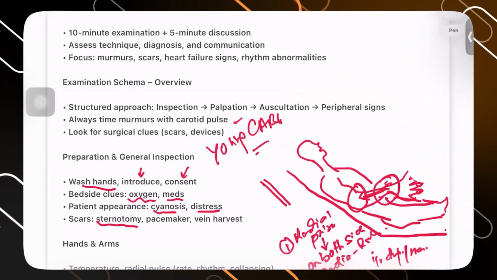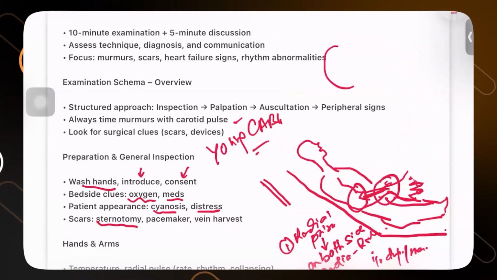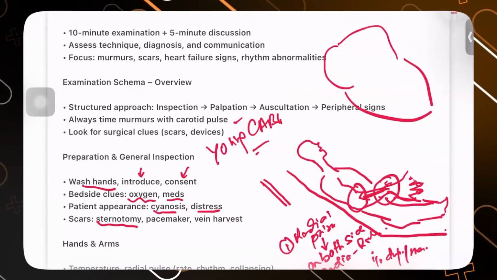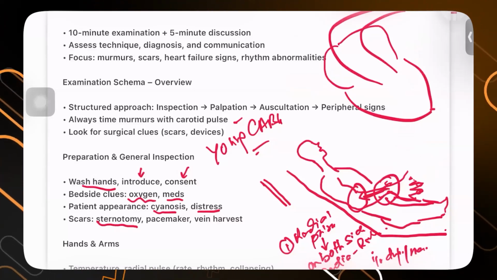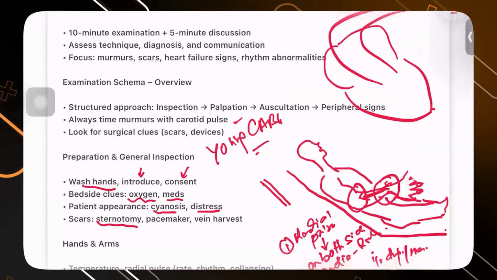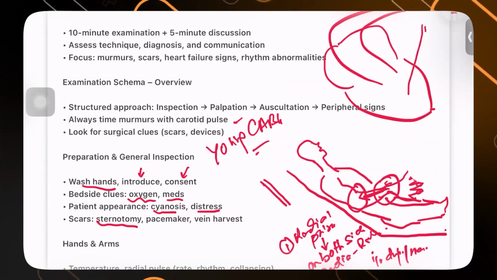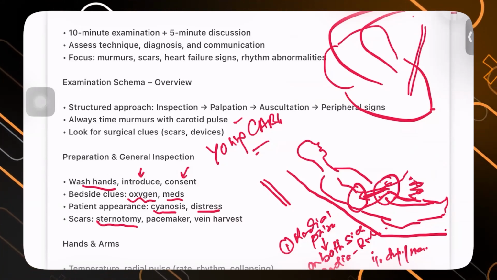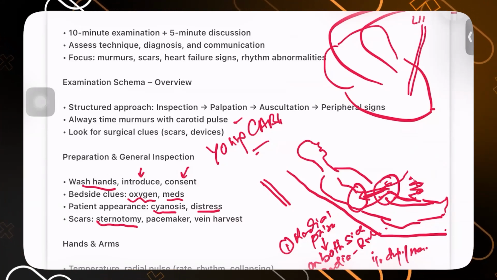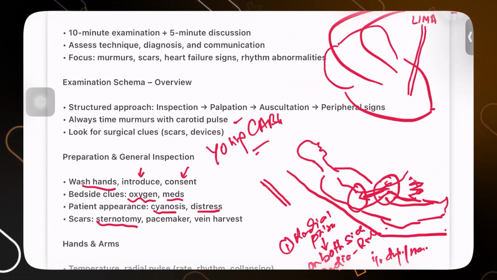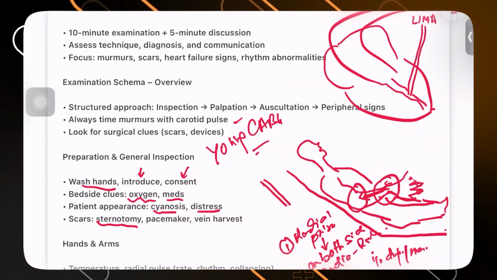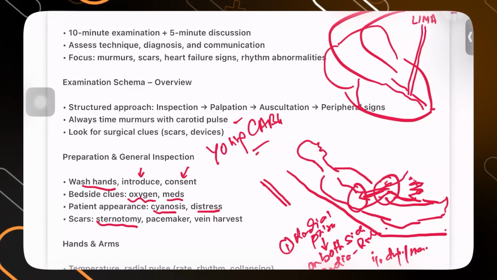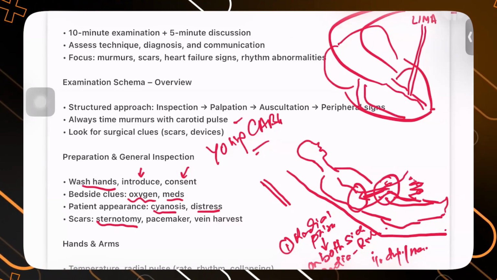CABG, I will just draw a diagram for your convenience. So this is heart, this is aorta. When they put in new coronaries, the LIMA to LAD graft is taken. LIMA is left internal mammary artery. LIMA is grafted always on the LAD territory. But what about the RCA and the circumflex?